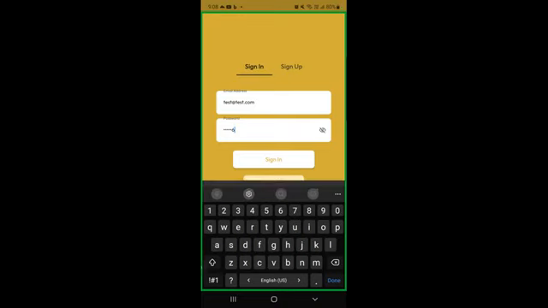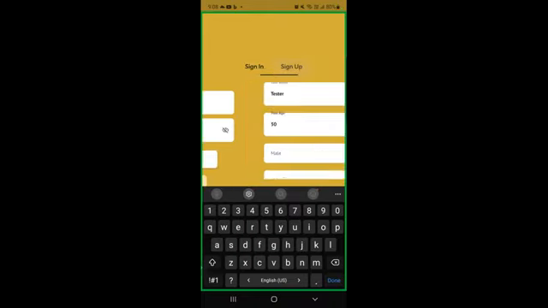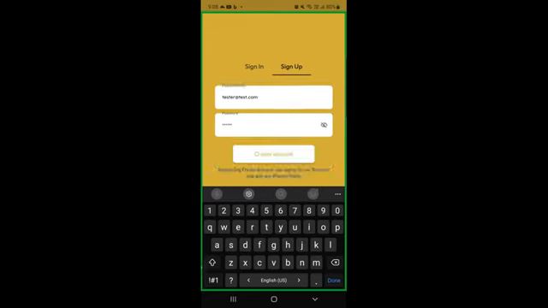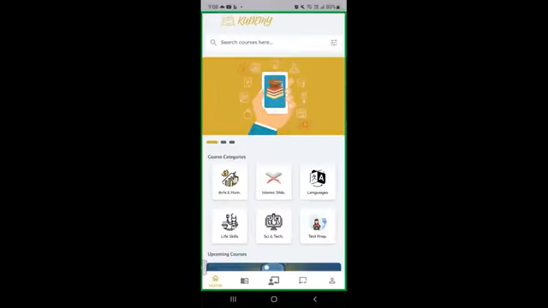Nope, no user record. What happened? Maybe I should create a new account. Yes, okay, I have this information. I will just create a new account. So it will sign you in, as you can see.